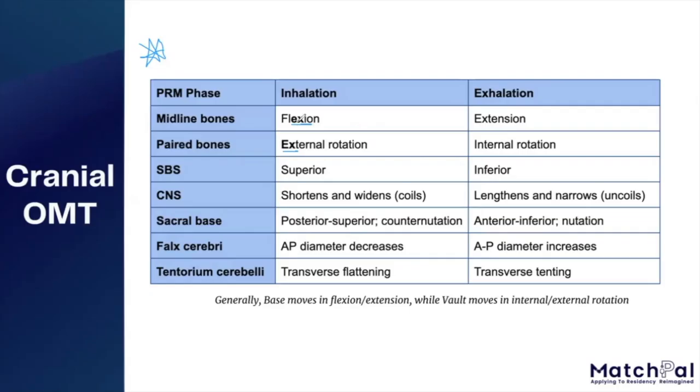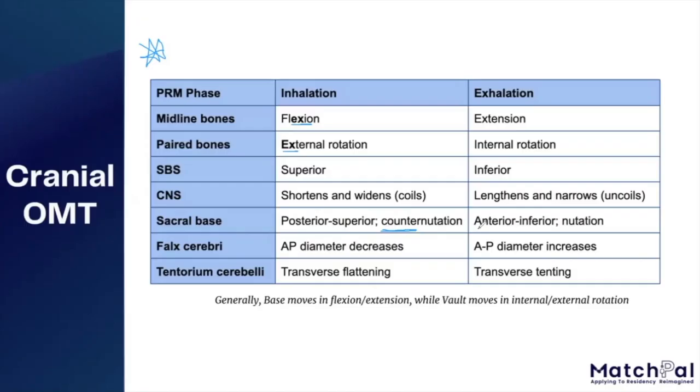The CNS during inhalation will shorten and widen as it's coiling, and during exhalation, the CNS will lengthen and narrow as it's uncoiling. During PRM inhalation, the sacral base will become more posterior superior, or go into counternutation along that superior transverse axis of the sacrum.